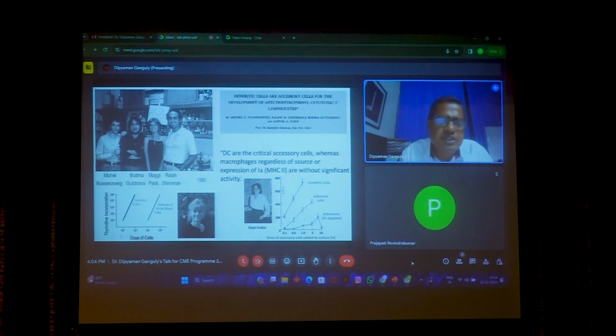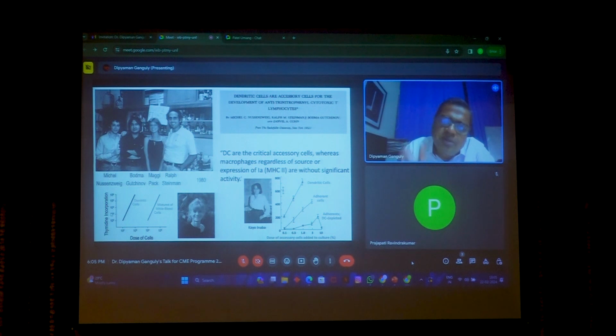This is Michel Nussenzweig, who was the first PhD student of Ralph Steinman, and this is Maggie Pack. So what Maggie Pack published in 1980 was that these cells which had these dendritic processes, and which they could isolate by carefully choosing density gradient centrifugation and adherence to plastic or glass plates, are much more efficient in driving the activation of lymphocytes in these mixed lymphocyte reaction plates compared to a mixture of whole blood white blood cells.